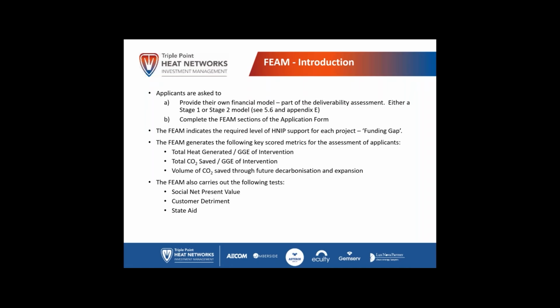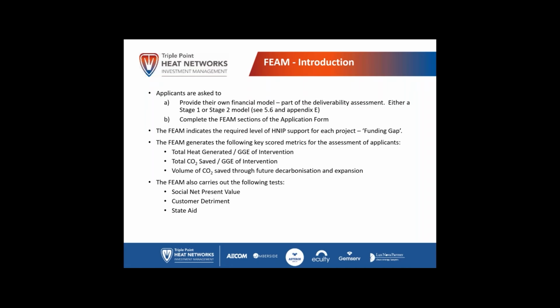So fundamentally, the theme indicates the required level of HNIP support for each project, the funding gap. This is a central concept within the application process. So your financial information will generate what we call a pre-intervention internal rate of return. Again, that's real pre-tax, pre-financing, a kind of project internal rate of return, and that rate of return, as Sam mentioned, needs to be above 0.